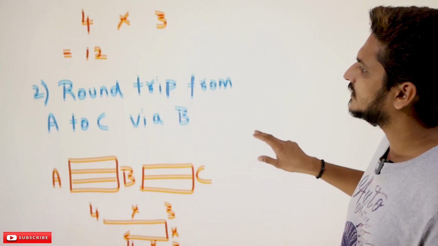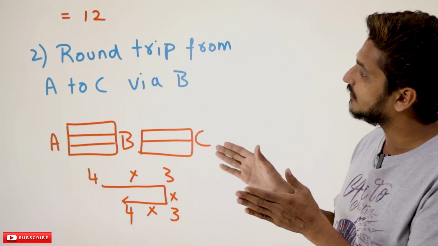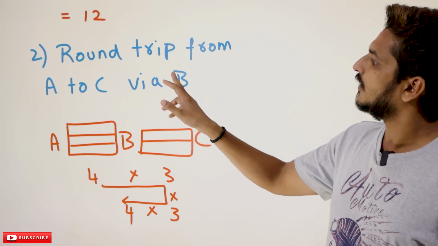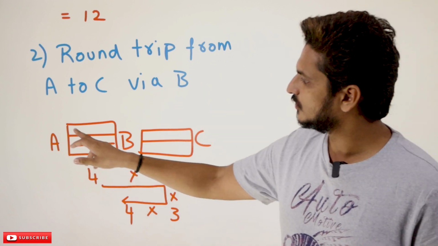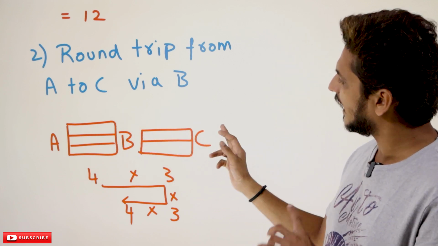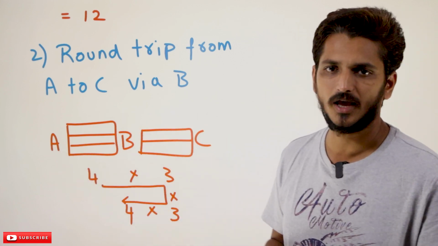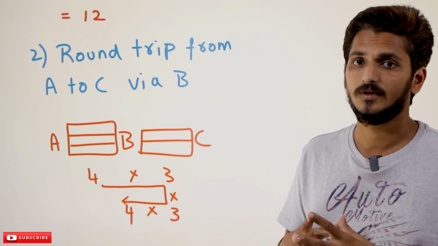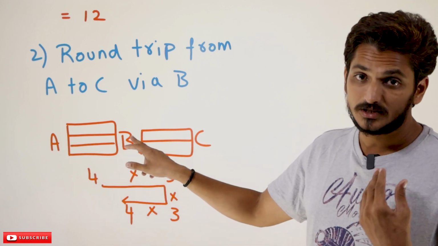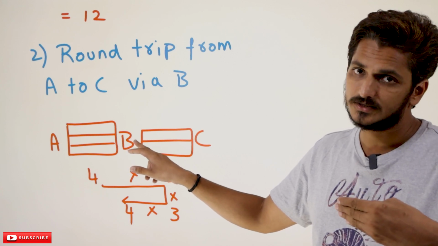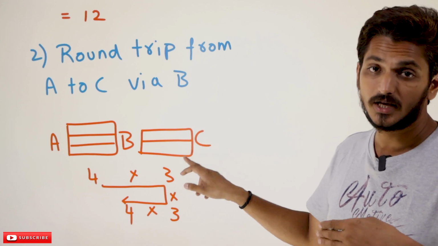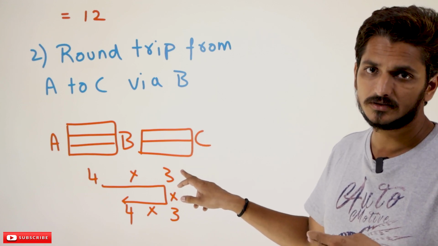Now coming to the next one, second one is you have to make a round trip from A to C via B. Means you have to move from A to B, B to C, again C to B, B to A. Just multiply the possibilities, that's the answer. From A to B, you can take 4 different possibilities. So 4 multiplied by, from B to C, you can take 3 different possibilities.